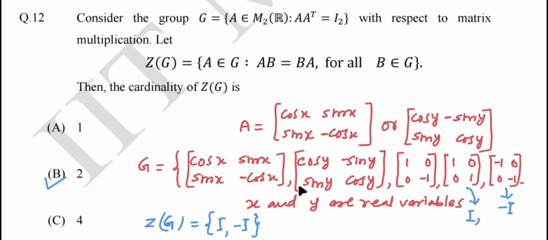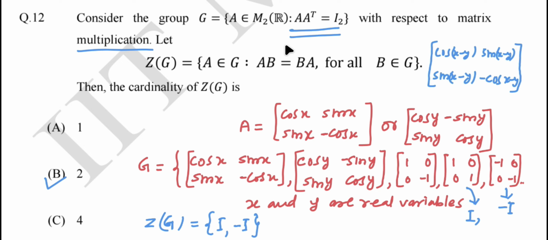One question may arise in your mind: G is a group, and the group operation is multiplication, then will multiplication of these two give an element of G or not? You can check that. If you multiply these two, there is no need to impose this relation.